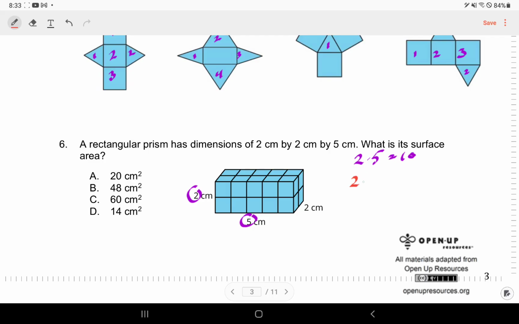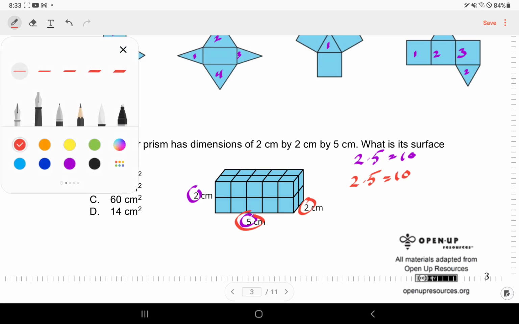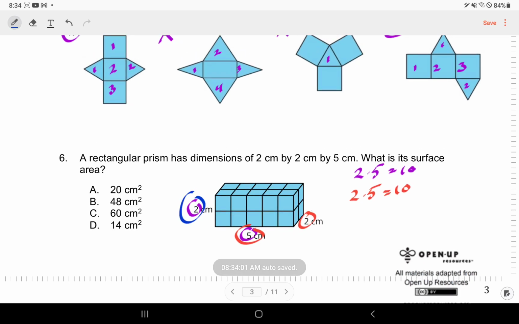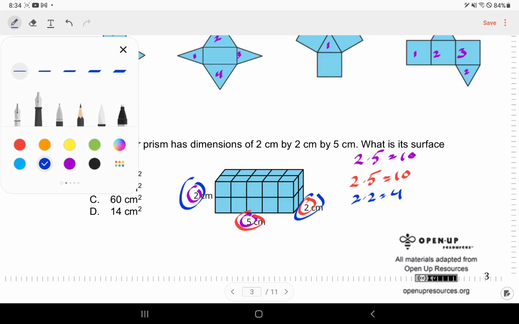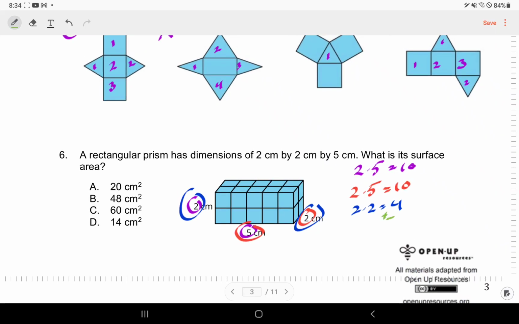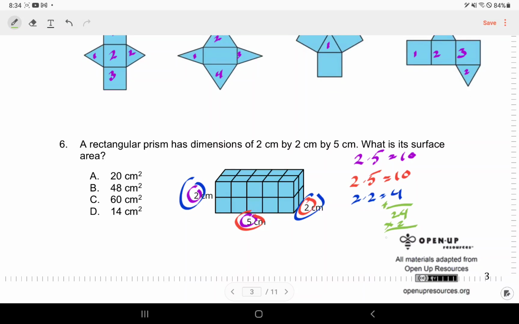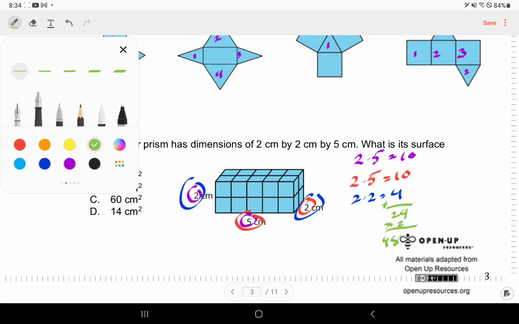Then you do 2 times 5 and get 10. And then you do 2 times 2 and get 4. Add it together and times it by 2 for 48. So that's the way I would prefer you do it.